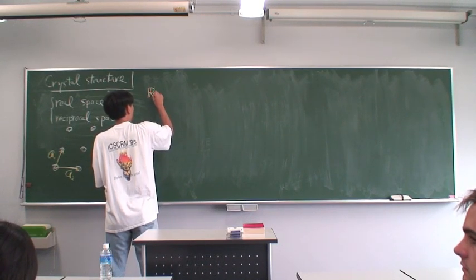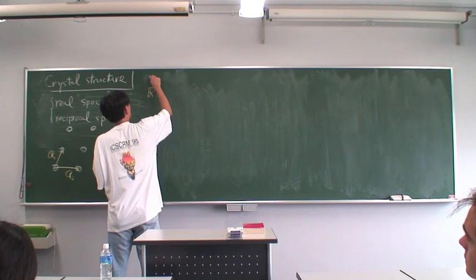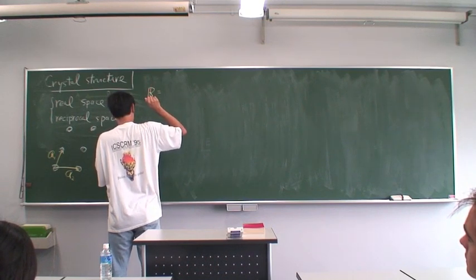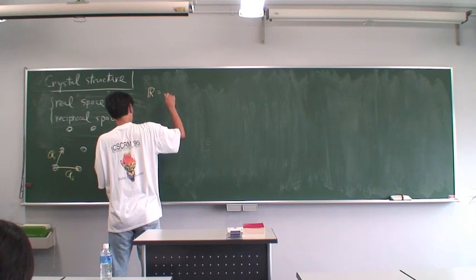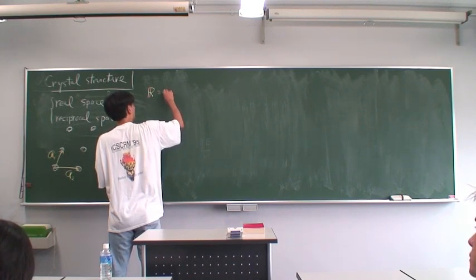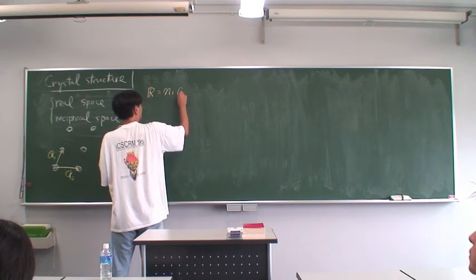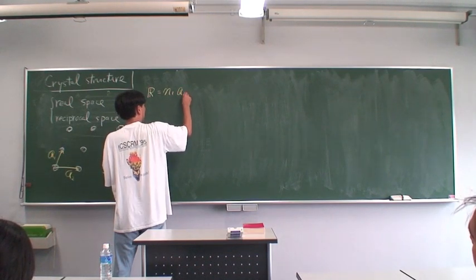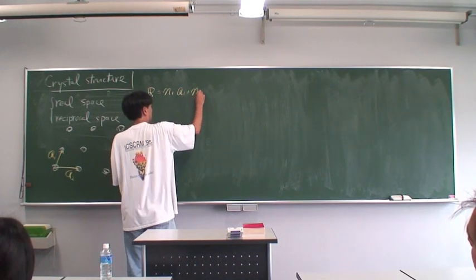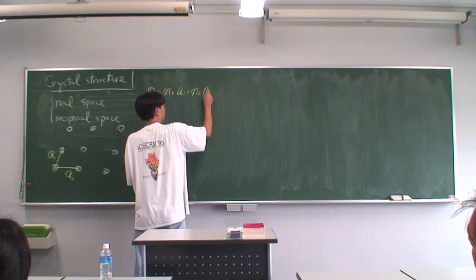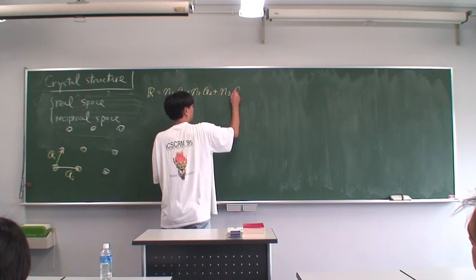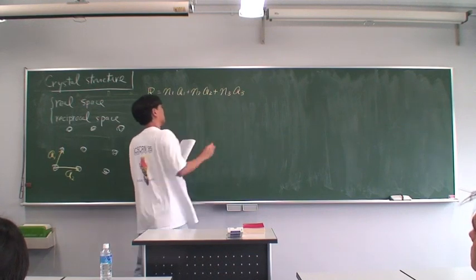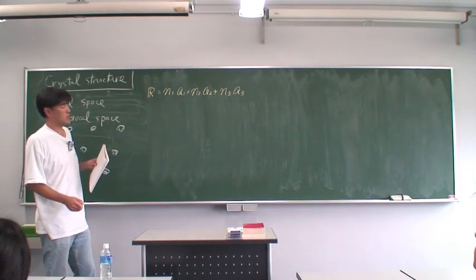In a three-dimensional space I get A1, A2, and A3. Okay, these are vectors.